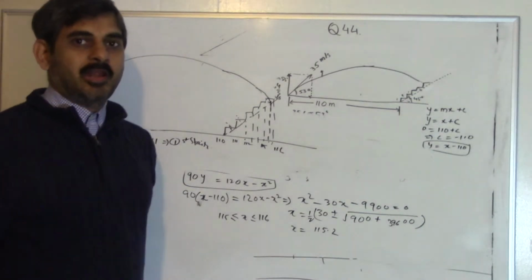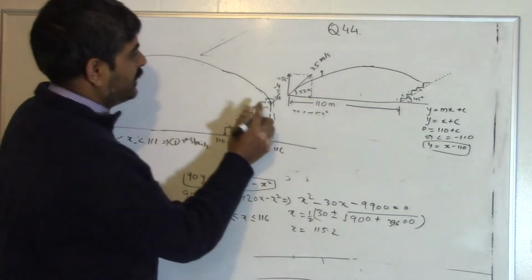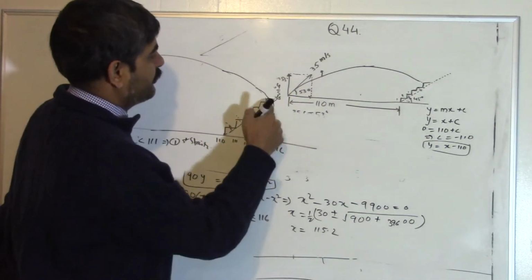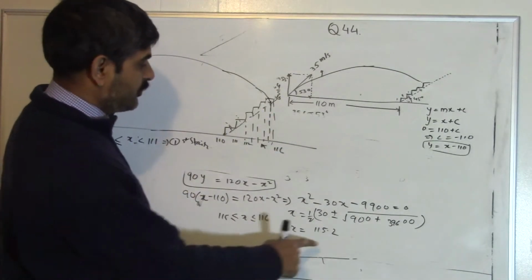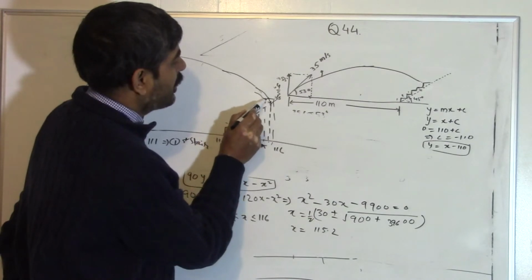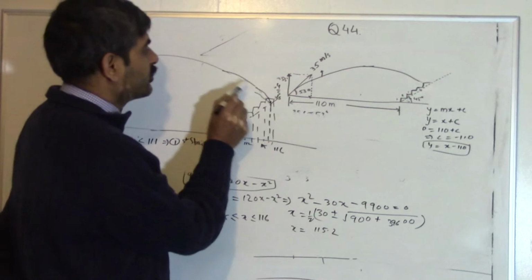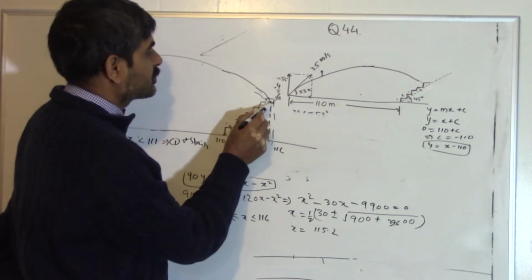The problem does not end here. It's possible that it could hit at x equal to 115.2 or 115.6, whatever the answer is, by coming from here and going into this. Or it could also come through this line.